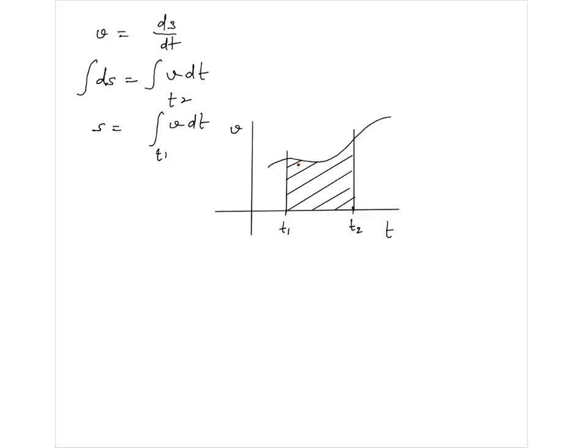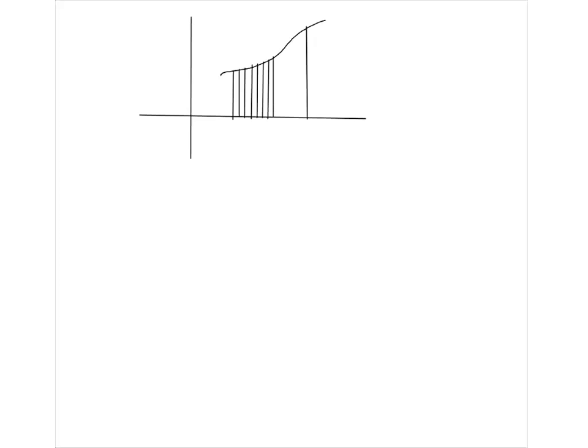How do you find the area of a shape like that geometrically? You will have to make some approximation. If you want to find the area of some arbitrary shape, you will divide it into several strips. The smaller the strips, the better, because you are going to call these strips rectangles.